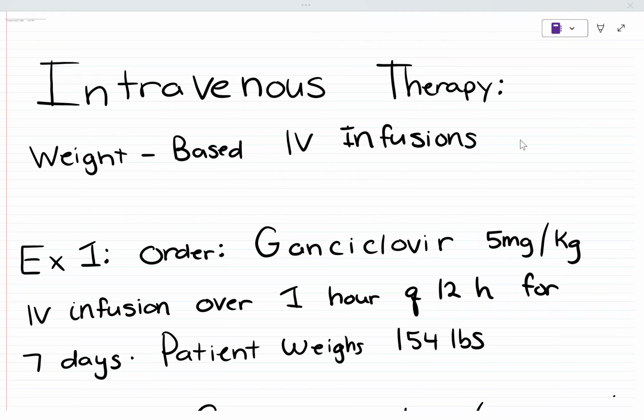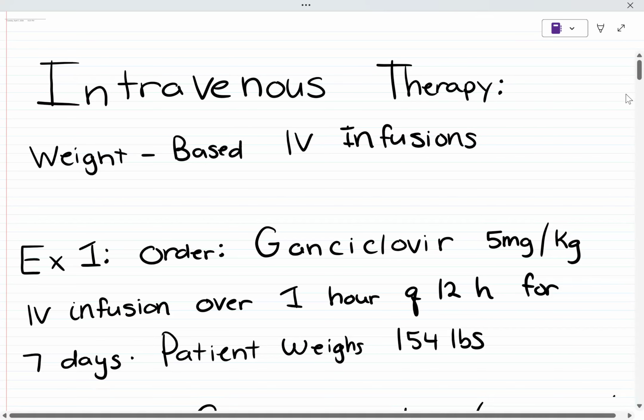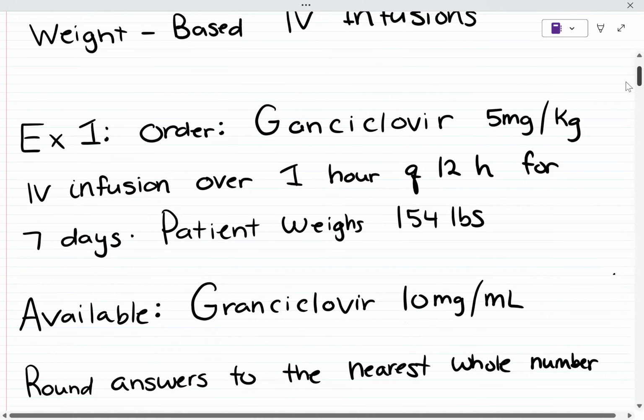Example one says we have an order, and I'm probably not pronouncing this correctly, but I'll try my best. Ganciclovir, it's a medication.